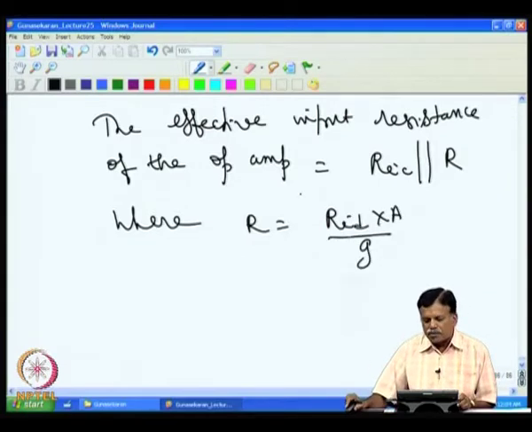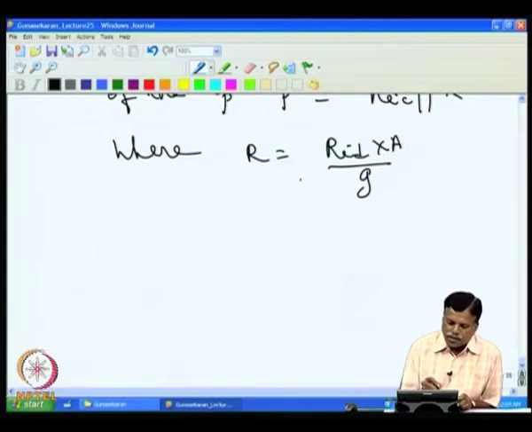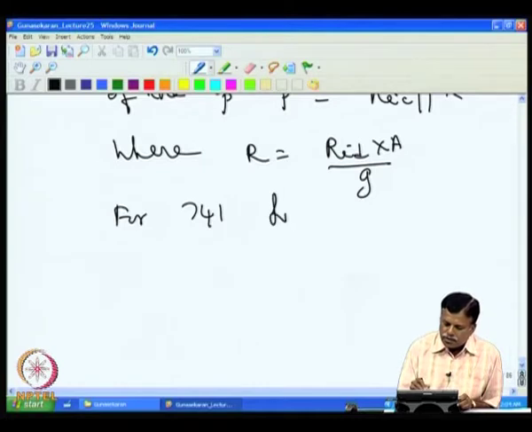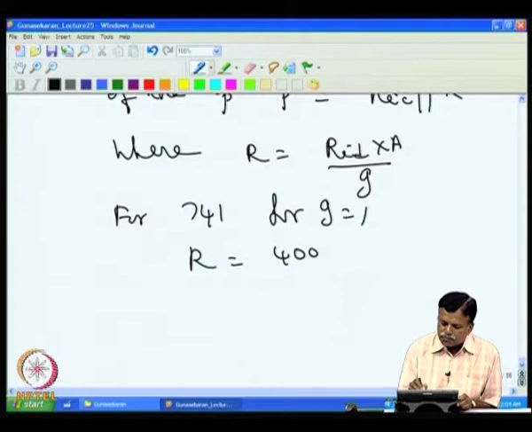So, for example, in case of 741 unity gain, for 741 with G equal to 1, R is actually 4000 meg ohm. RIC is also 4000 meg ohm.